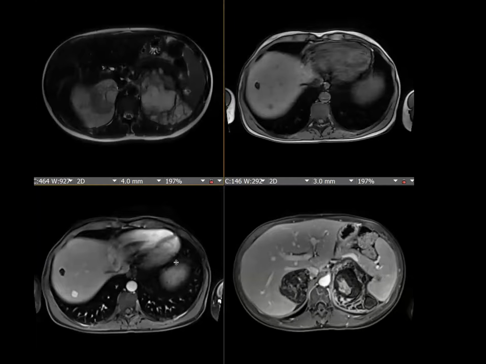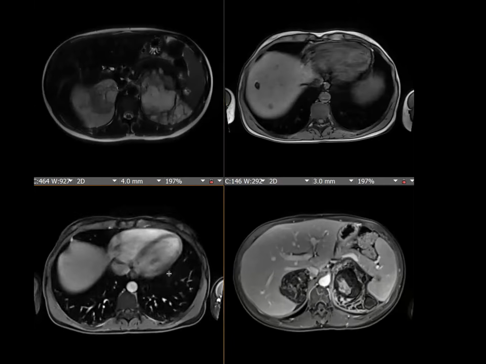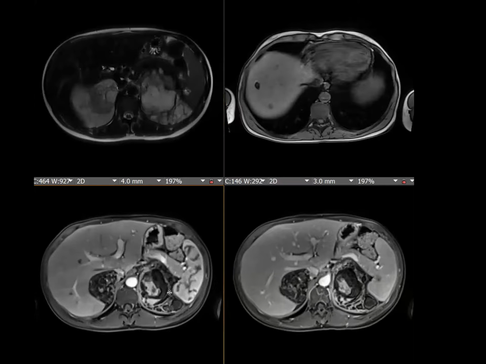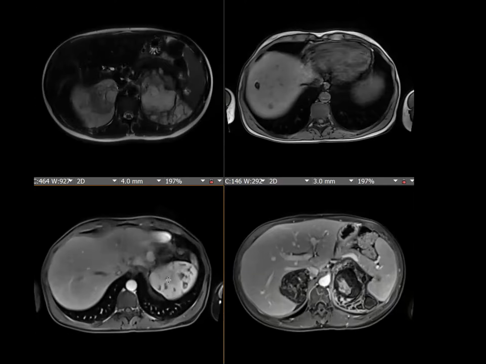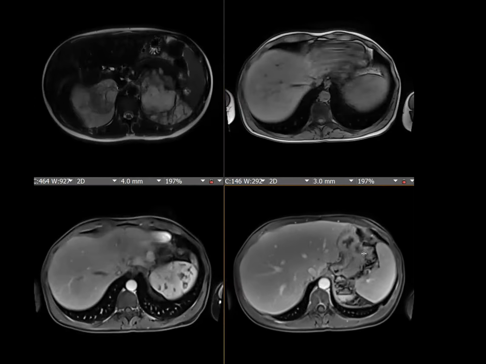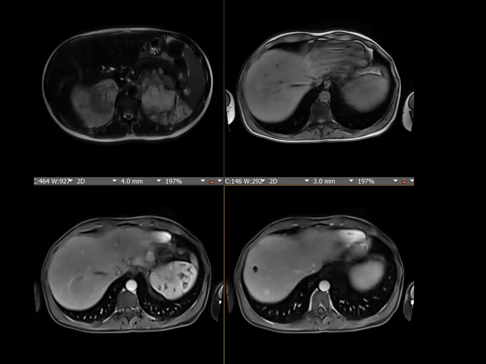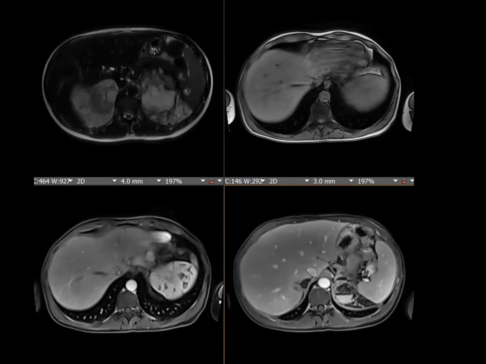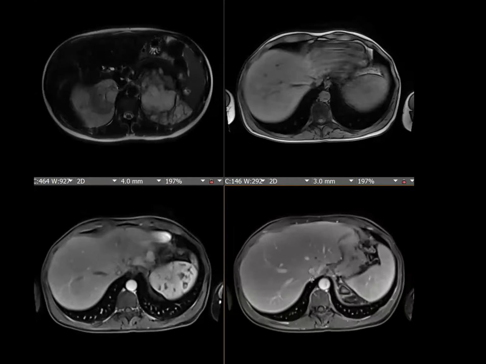And the final lesion was in hepatic segment 2 here. And we can see that it's a stealth lesion, which we think may be FNH. It wasn't seen on the additional available sequences.